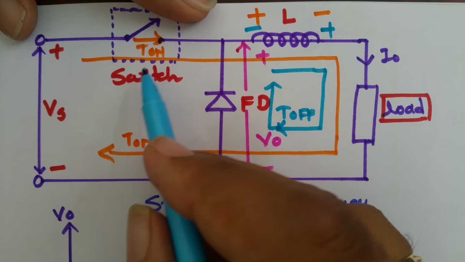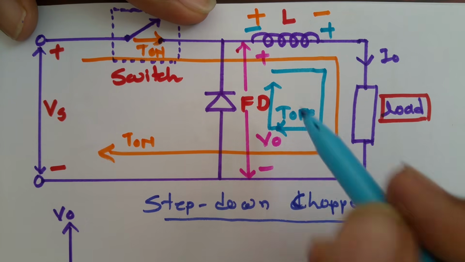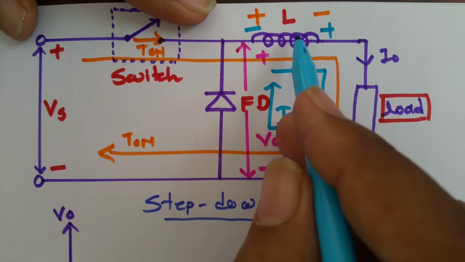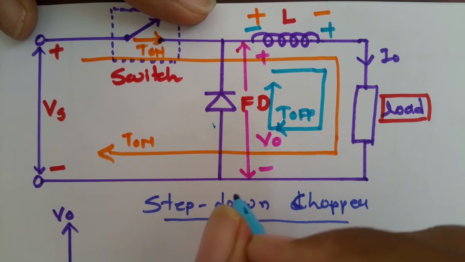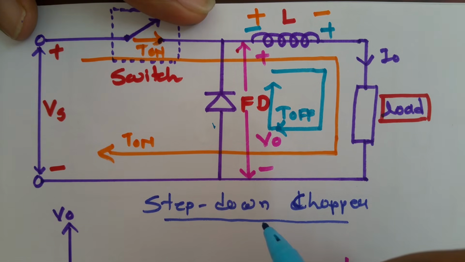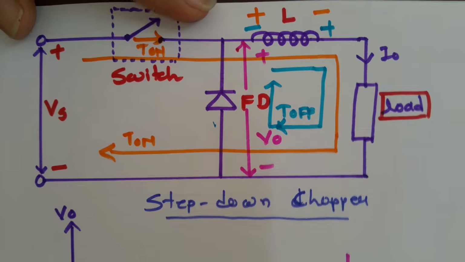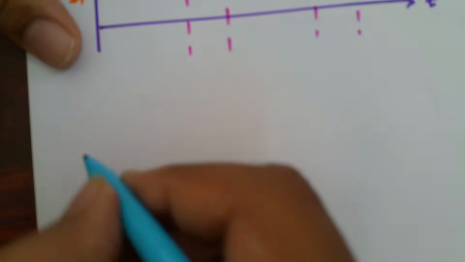But when this switch is off, the inductor's polarity will get reversed, and current will flow in this loop, and the inductor will release its energy, and the freewheeling diode will conduct at that instant, and current will decrease from I2 to I1.